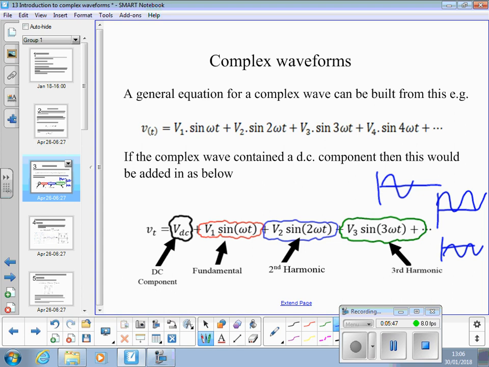Depending on what the waveform shape is like, it may or may not have a DC component at the beginning, with no sine wave term. So here again, DC component, fundamental, second harmonic, third harmonic, and that can carry on for as long as you want. Okay, everybody reasonably happy with that?